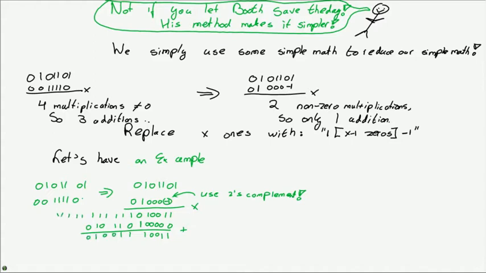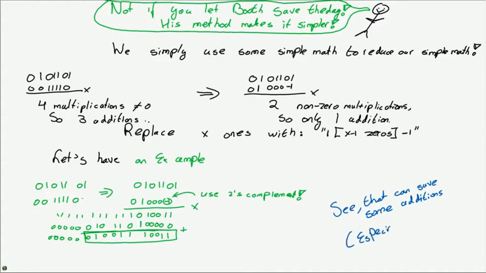Rather than doing the 3 additions that were necessary at first, we can do it now with only a single addition. And especially in 32-bit numbers, I mean this is only 7 bits and already there were 4 multiplications, thus 3 additions. But in 32 bits there can even be 31 multiplications and thus 30 additions, for instance. And if we can reduce that to 1 addition, that really saves a computer a lot of time.